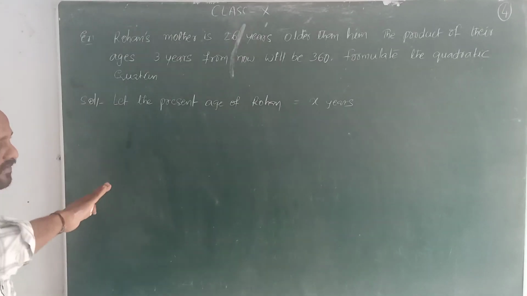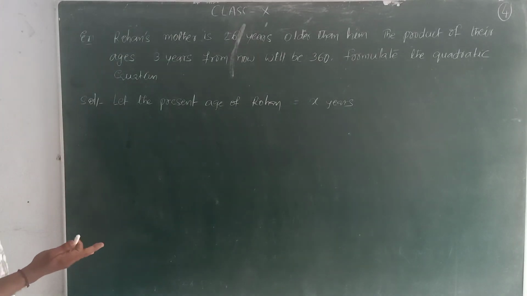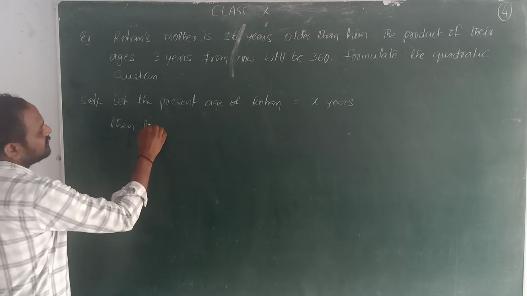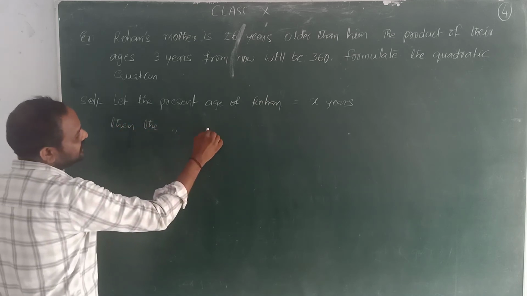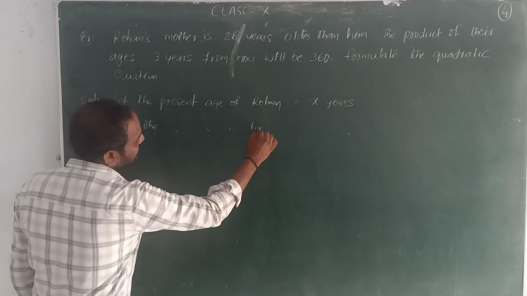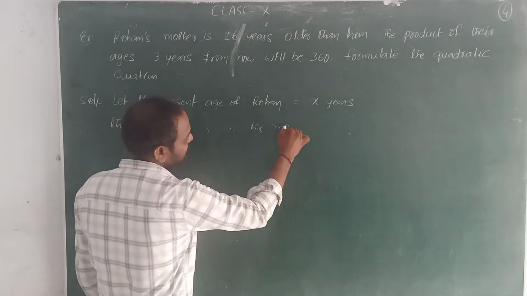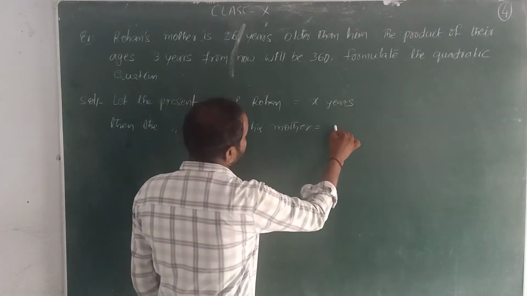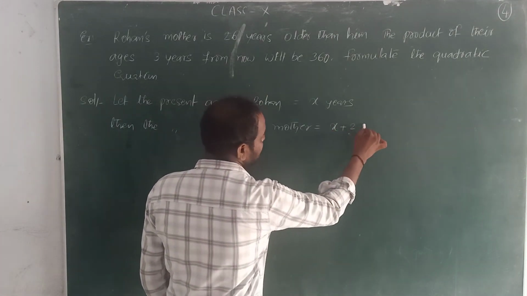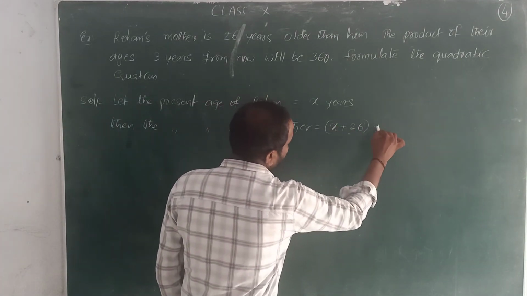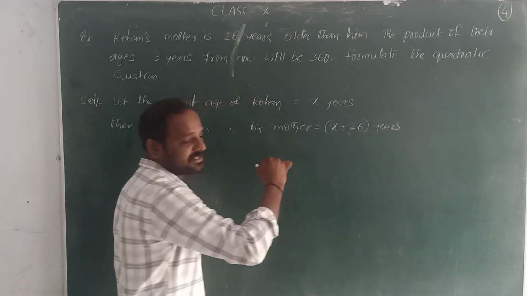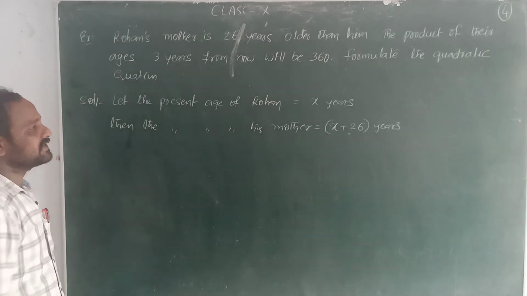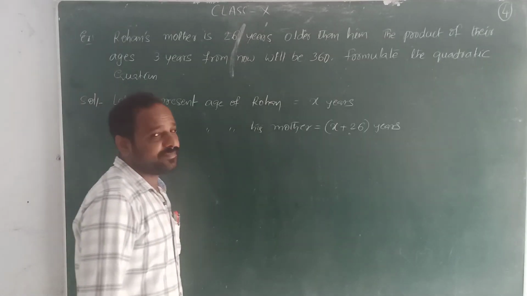So if the age of Rohan is X years, then the present age of his mother becomes what? X plus 26 years. Did you understand? X plus 26 years.